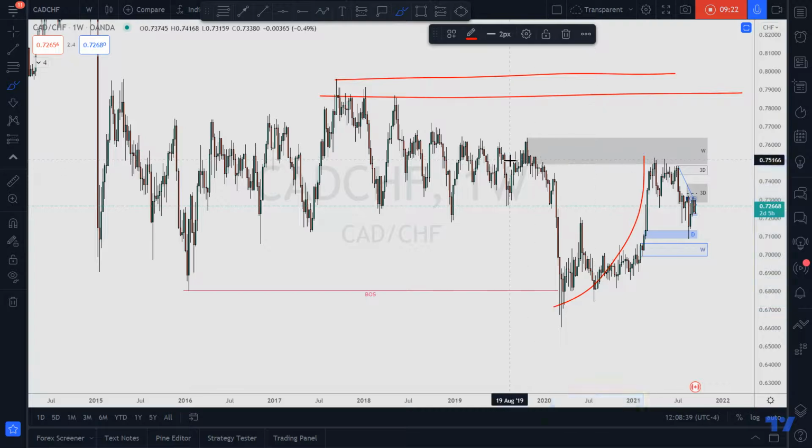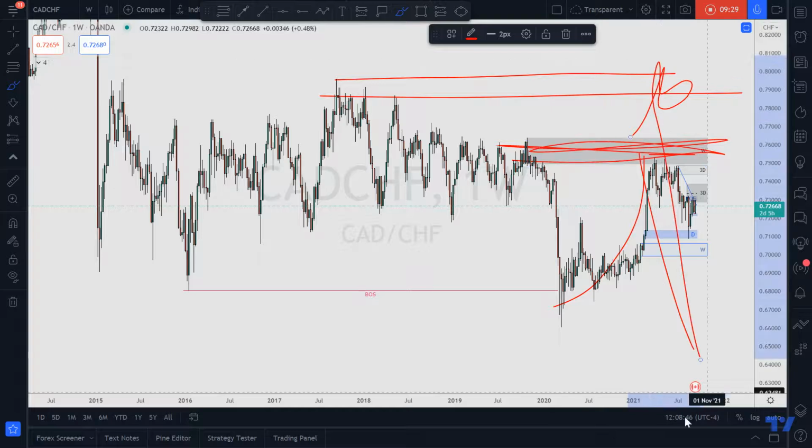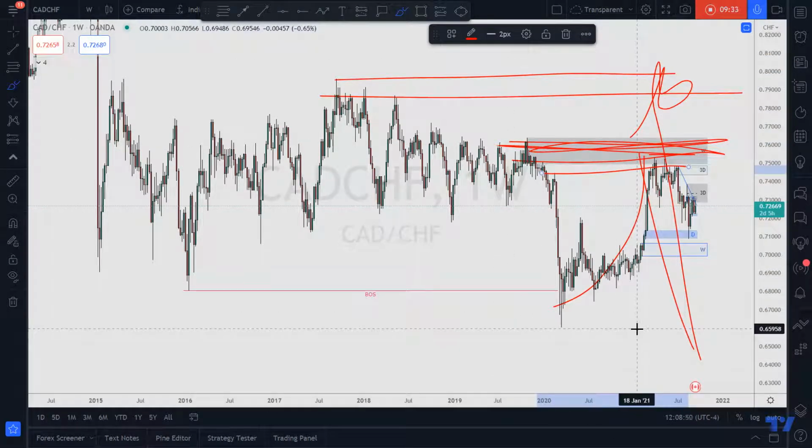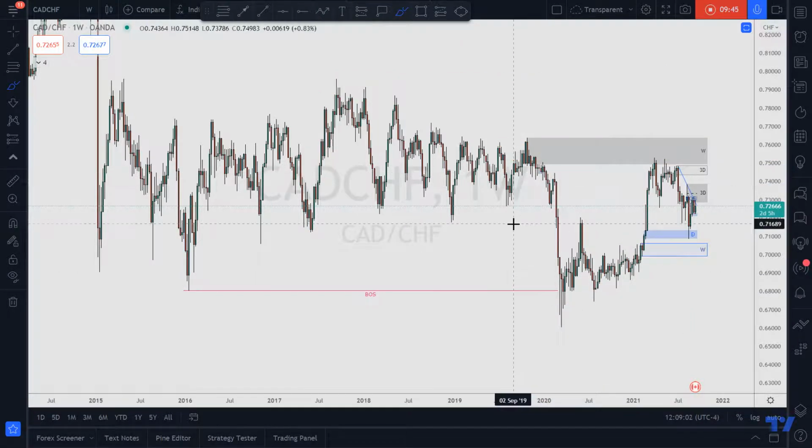You know that price probably has a high probability of being rejected from that area, especially if it comes up here. You know what I mean? You want to make sure you are correlating between the higher time frame framework in which the lower time frame structure is framed. Got it? Good. I hope that's not too confusing for you.